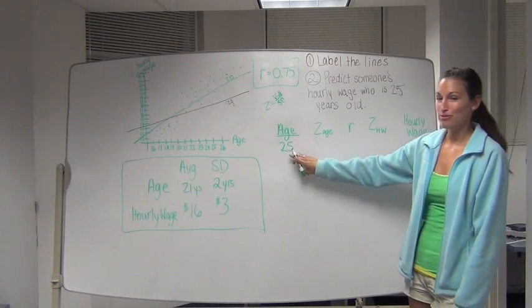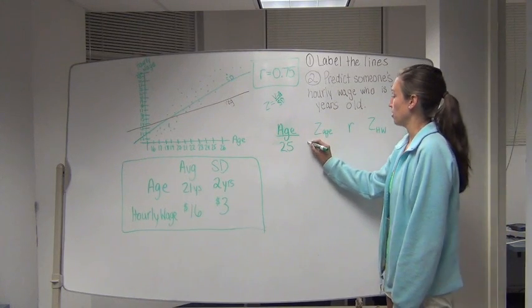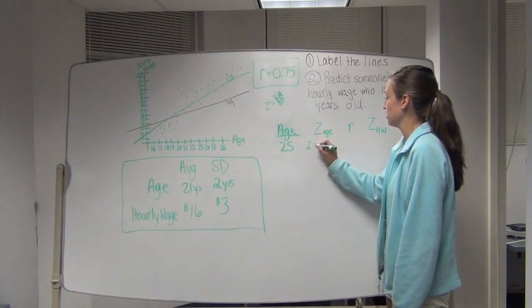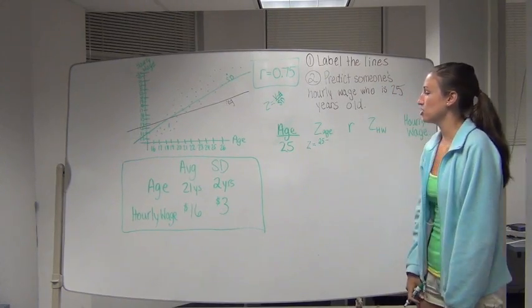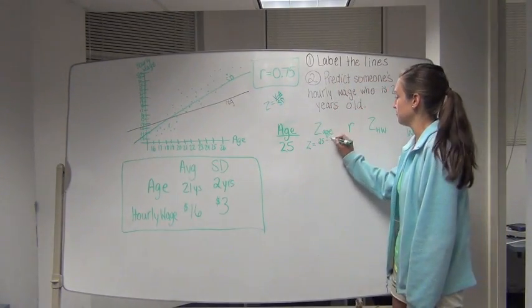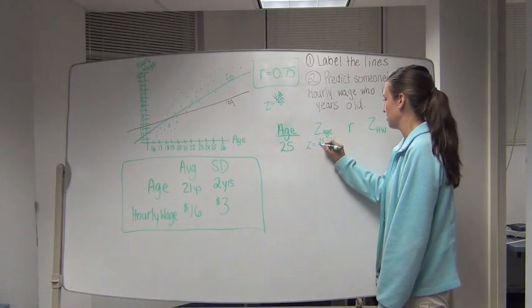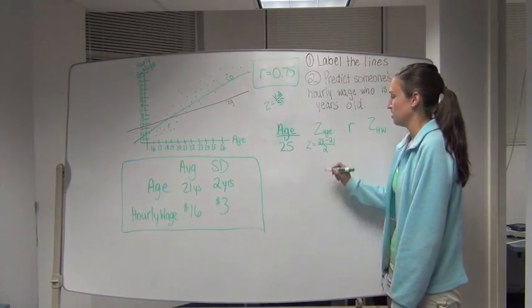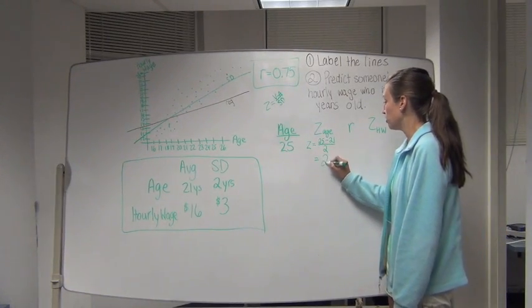So now, if we have someone that's 25 years old, we're going to find their z-score by just plugging in our value, which is 25, the average for age, which we're given, we know that's 21 years, and the SD for age, we also know is 2 years. So when we figure this out, we end up getting a z-score of 2.